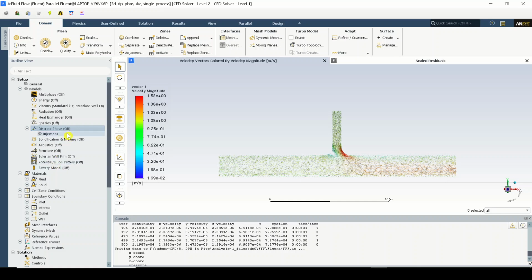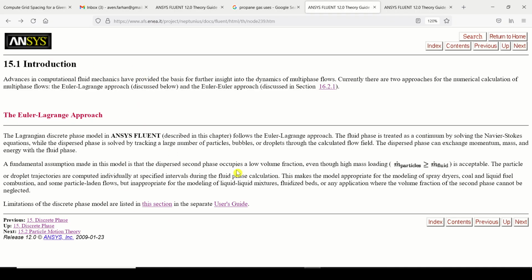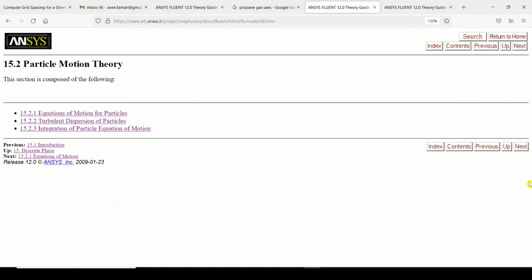So it is up to the user to consider those limitations or applications and perform their job. That is what we are going to do at this stage. This brief introduction is sufficient for us, and I will be attaching this link in the resources. You can just go through it.